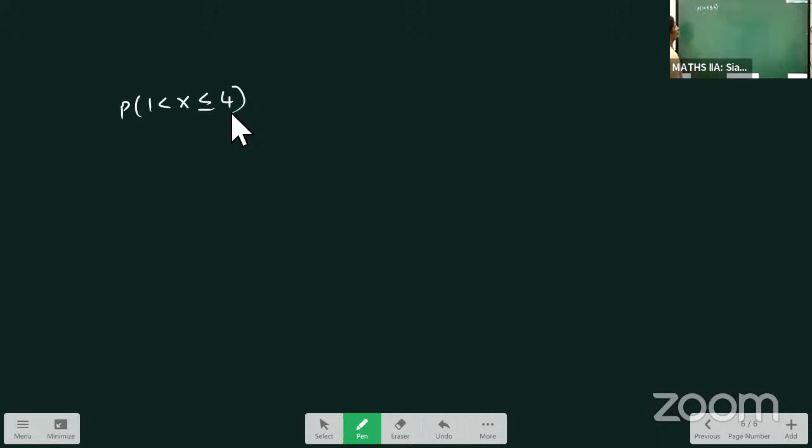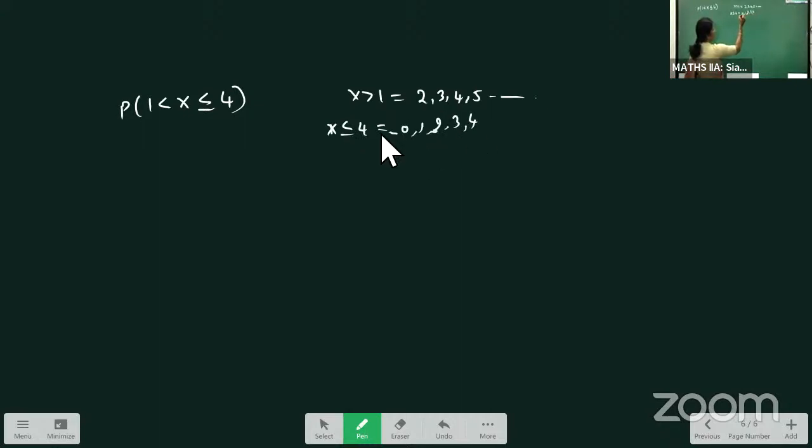So what values do we have to consider? The first part is 1 less than X, or if you write it the reverse way, X greater than 1. X greater than 1 means what values? 2, 3, 4, 5, and so on. The second part is X less than or equal to 4, which means 4, 3, 2, 1, 0, and so on.